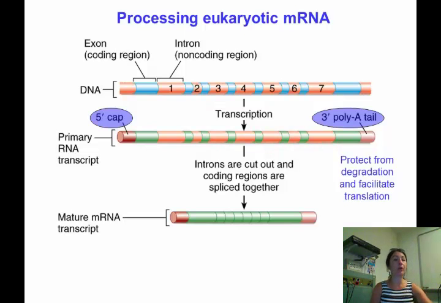Okay, processing eukaryotic mRNA. The first thing for you to note is that we've got the word eukaryotic here. Eukaryotes are different than prokaryotes. In a eukaryote, the DNA is found inside of the nucleus.